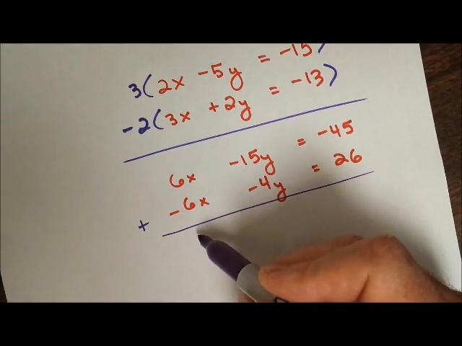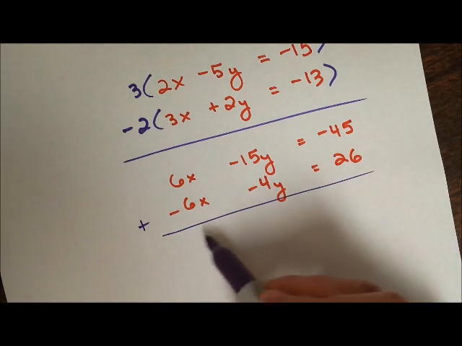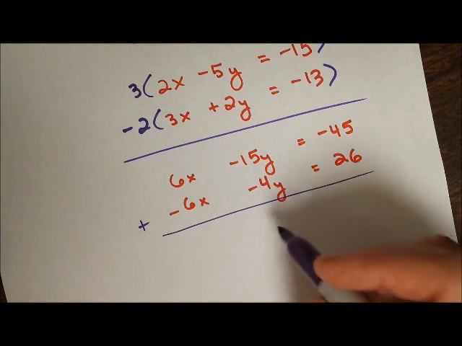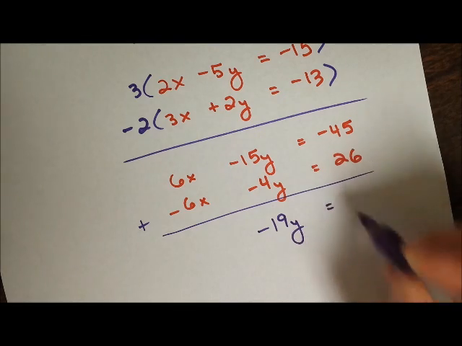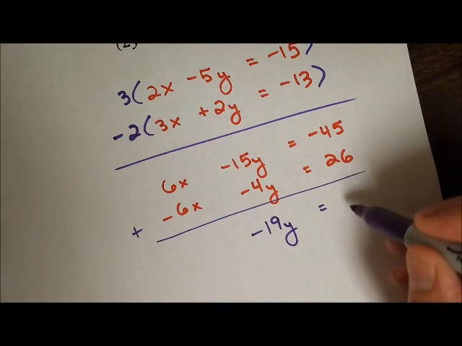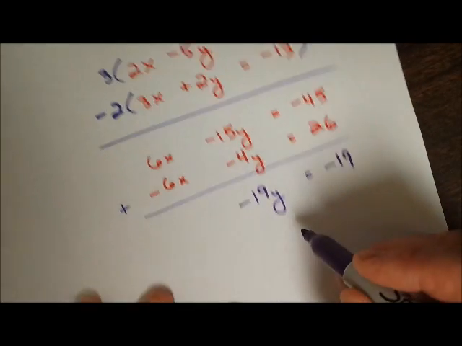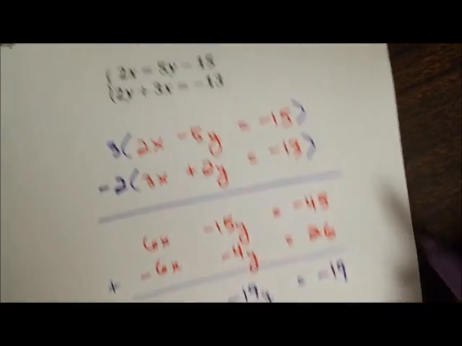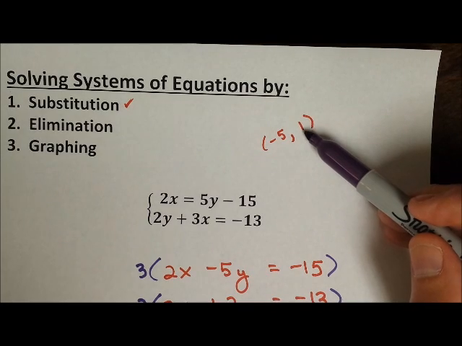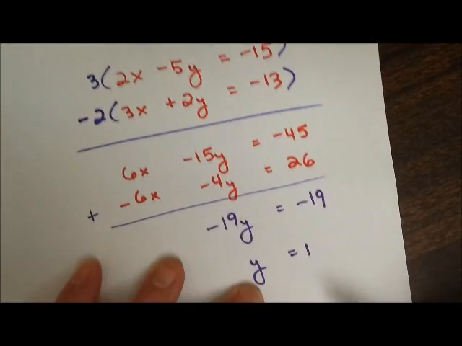Add them together, it's 0. They have been eliminated, and that's why it's called elimination. When I add these, I have -19y, and when I add these, I get -19, and y is equal to 1. And again, we knew that was going to happen because this was our answer using substitution. y was 1.